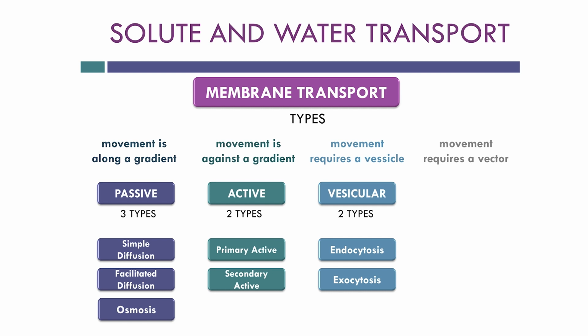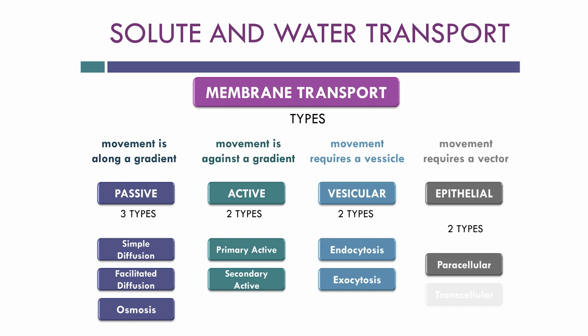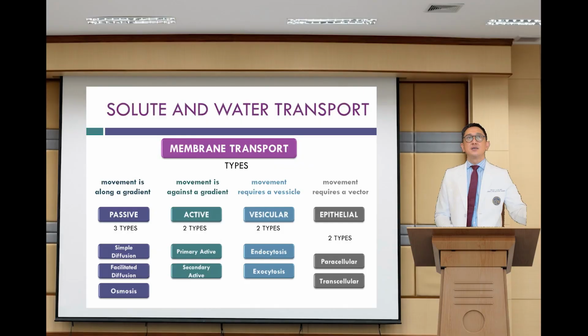And movement requires a vector, epithelial, since it is seen in epithelial cells, 2 types: paracellular and transcellular. So these are your membrane transport: passive, active, vesicular, and epithelial. And I've shown you the different examples of each different membrane transport system.